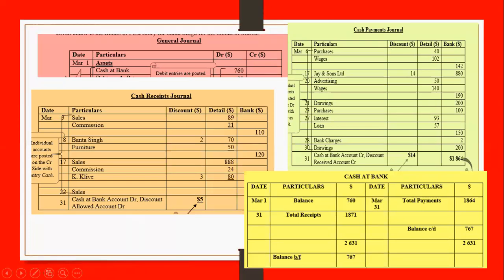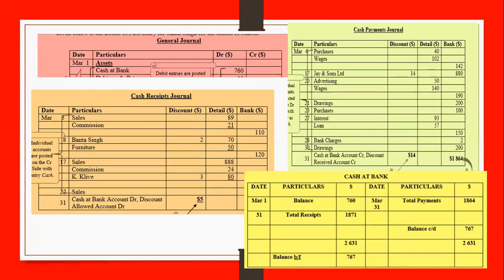These three journals will contribute towards a cash at bank account. And what are those three journals? General journal, cash receipts journal, and cash payments journal.